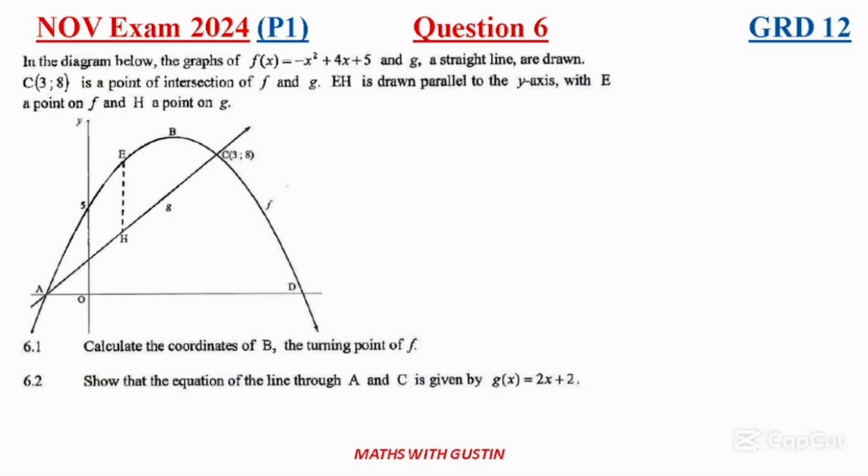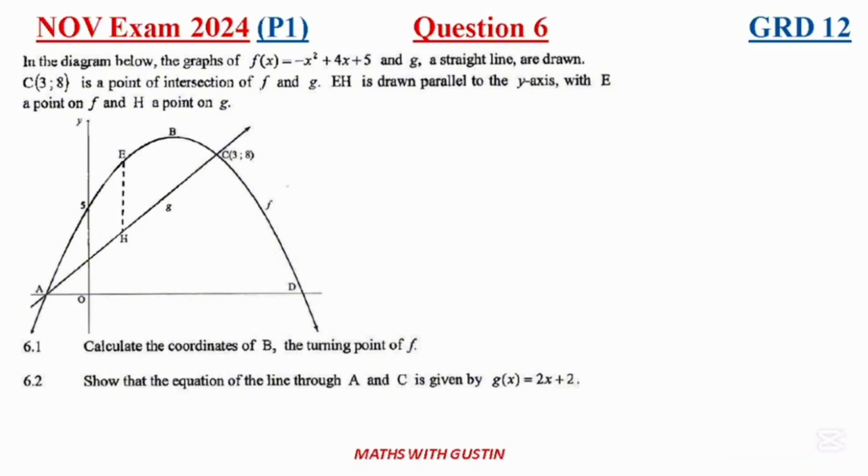What's up, guys? Welcome back to question 6. Now let's have a look at this question here. It says here that in the diagram below, a graph of f of x, which is a parabola, is given by minus x squared plus 4x plus 5, and g of x is a straight line as drawn in the diagram below. So we can see that on our diagram below.